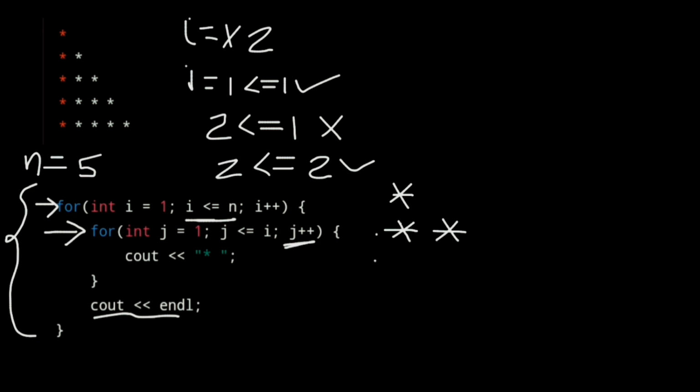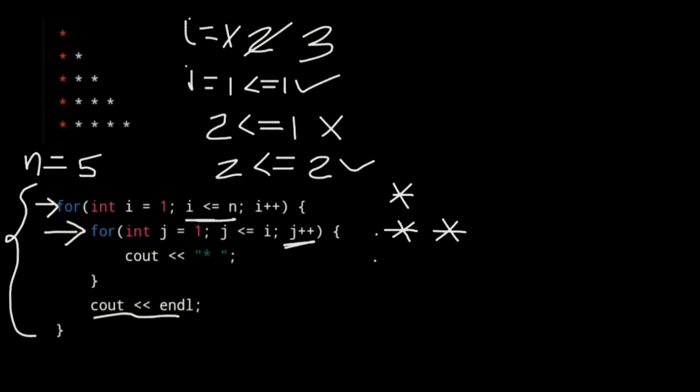After this the compiler again goes to the outer loop, and here i becomes 3, and 3 less than or equal to 5 is also true, so it enters the inner loop. In the first iteration j becomes 1 and we have 1 star, then j becomes 2 and we have the second star in the third row, and then j becomes 3 and we have 3 stars in the row.